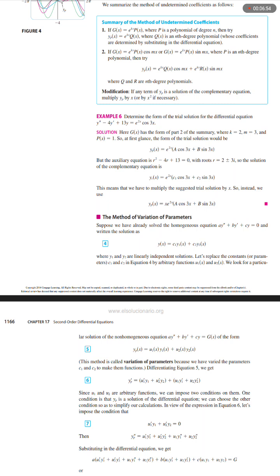Let's replace the constants or parameters c sub 1 and c sub 2 in equation 4 by arbitrary functions u sub 1 of x and u sub 2 of x.